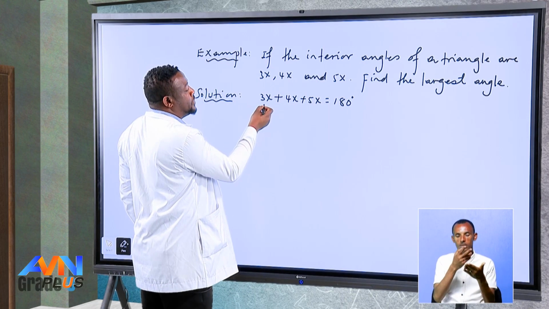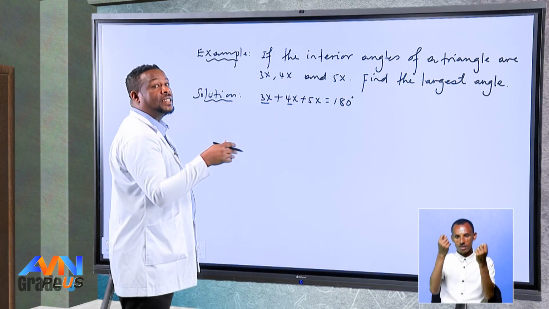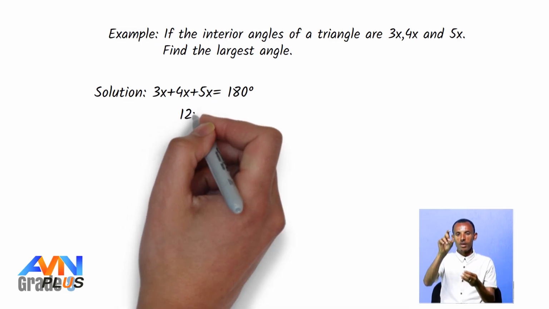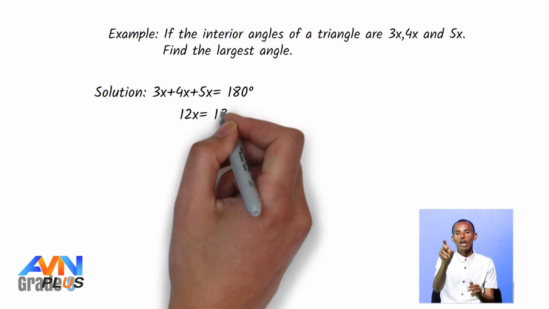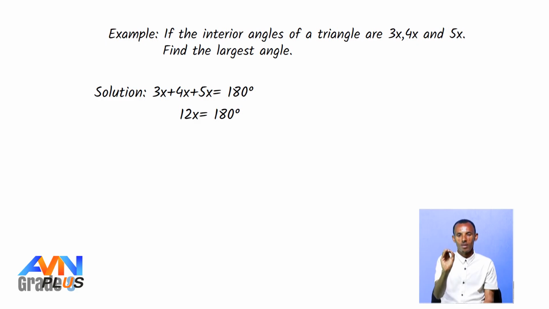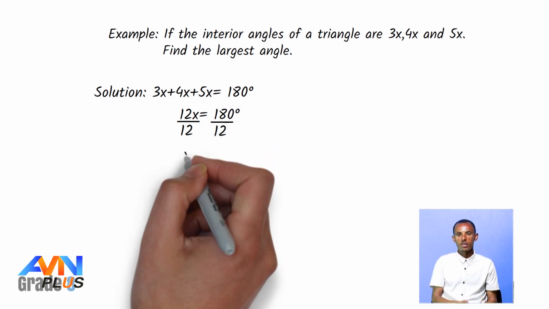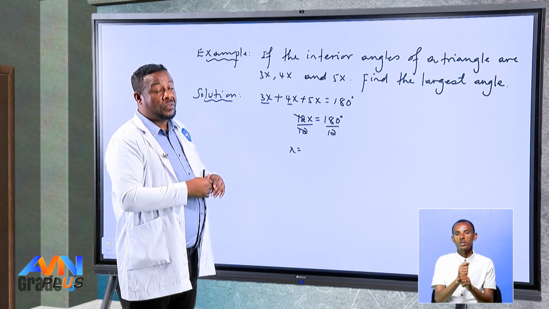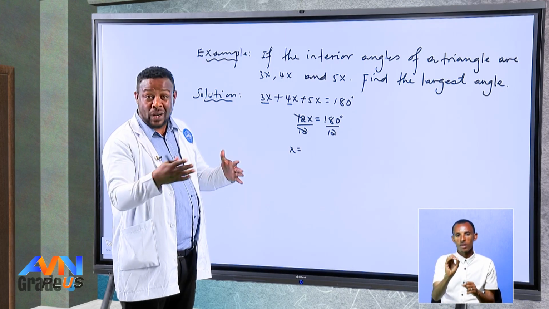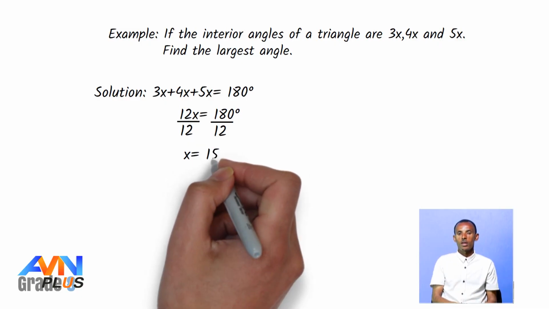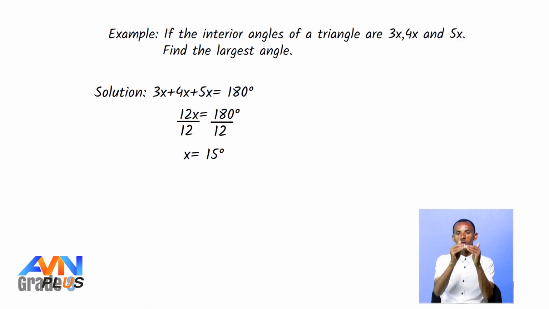These are like terms. 3x and 4x is 7x, 7x and 5x is 12x. So 12x is equal to 180 degrees. Now dividing both sides by 12, you get the value of x. 180 divided by 12 is 15. So x is 15 degrees, right?